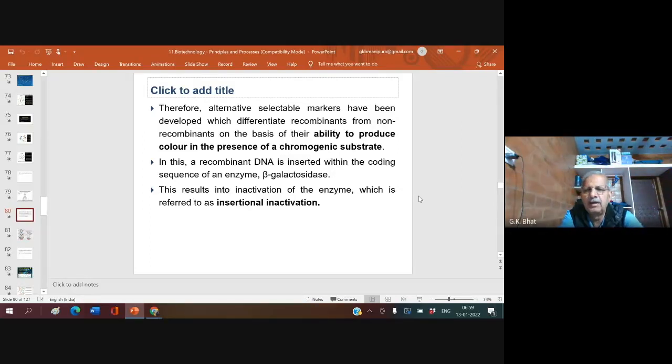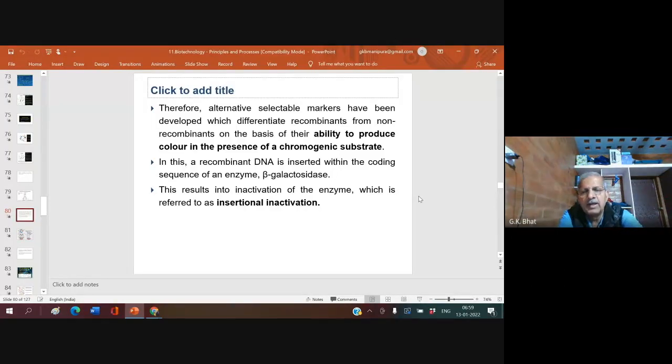I repeat: instead of putting it in two different plates and then selecting, which is time-consuming and cumbersome, another alternative selectable marker differentiates recombinants from non-recombinants on the basis of color production in the presence of a chromogenic substrate.